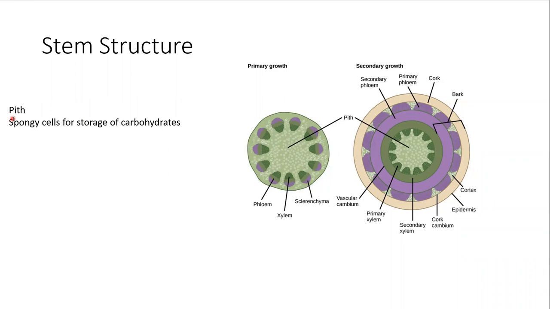The pith. The pith is the inner side of the stem cross section. It depends on the plant itself. Sometimes the pith is very hard, sometimes very open. But within the pith, they're all spongy cells, so generally a decent amount of pore space between them.